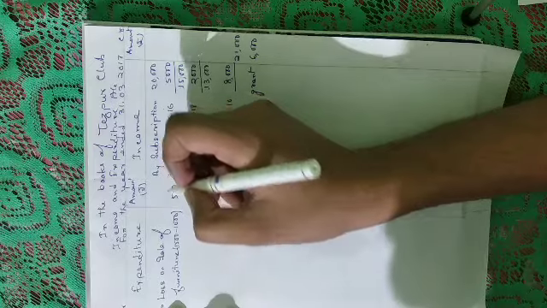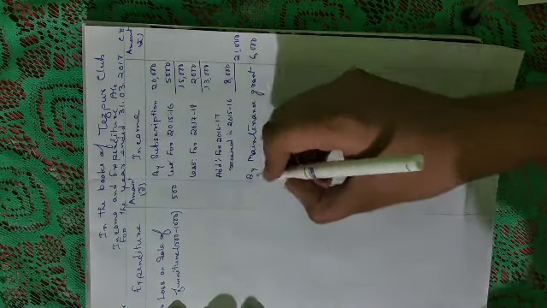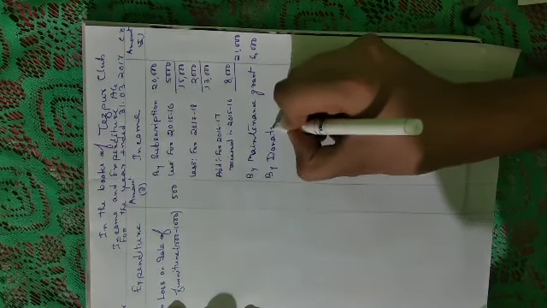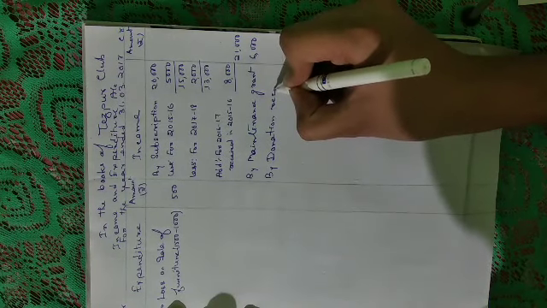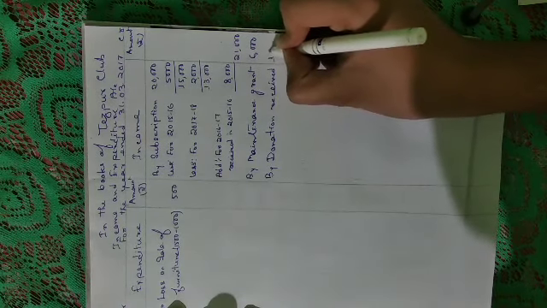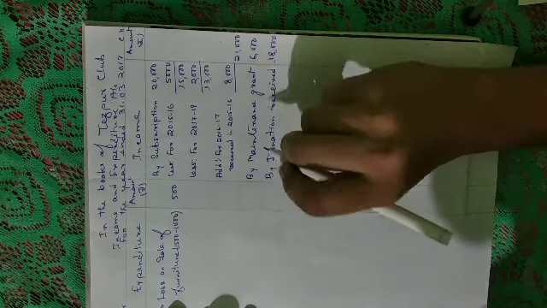Next, I missed one thing, donation receipt. Donation receipt is revenue in nature. So by donation receipt, amount is rupees 18,000. Next, payment side, salaries.